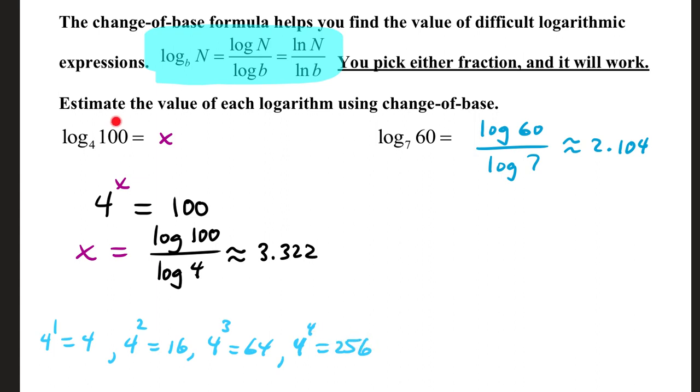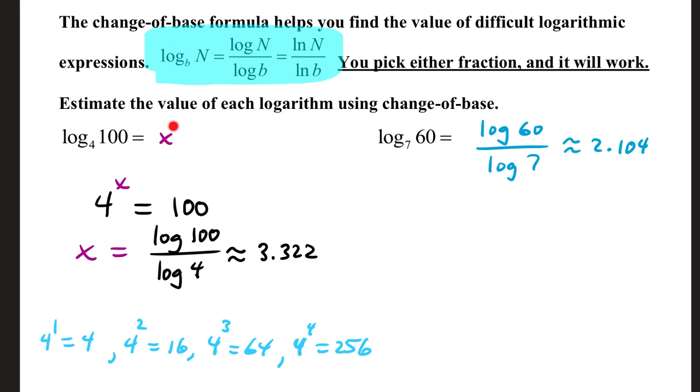Using change of base, log 100 over log of 4 is 3.322, and that's rounded to 3 decimal places. If you check and you do 4 to this power, you get real close to 100.